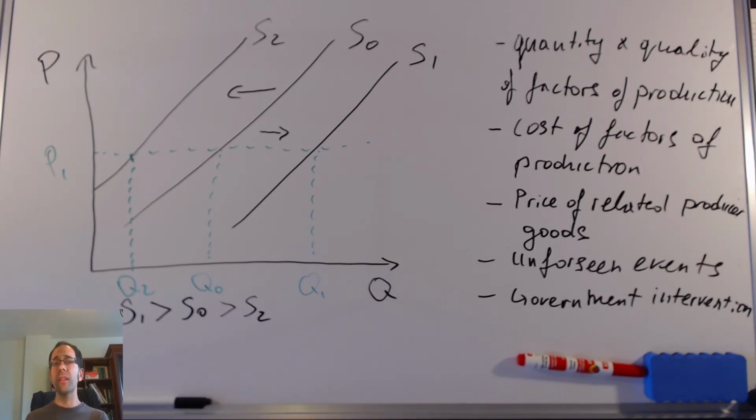If I was receiving a subsidy before and suddenly a government official tells me, listen, we paid you enough, you should be able to sustain your production on your own, and they withdraw the subsidies they were previously paying me, then my costs of production will increase and thus the supply will decrease.